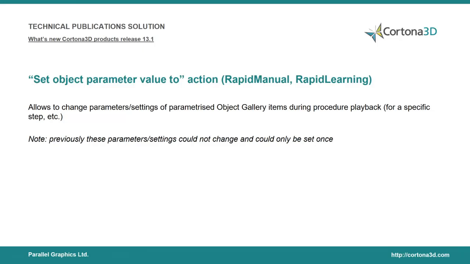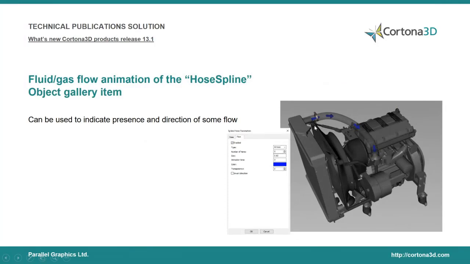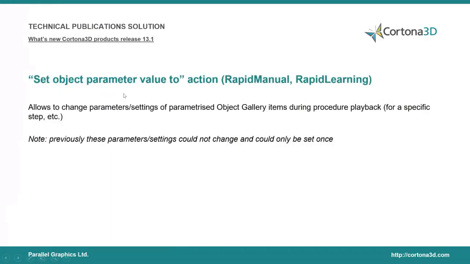So if you want, say, to change the color of the light source, as you know, we have light sources in object gallery, or if you want to change the flow of those arrows, for example, direction of those arrows. This is where you can use this action.